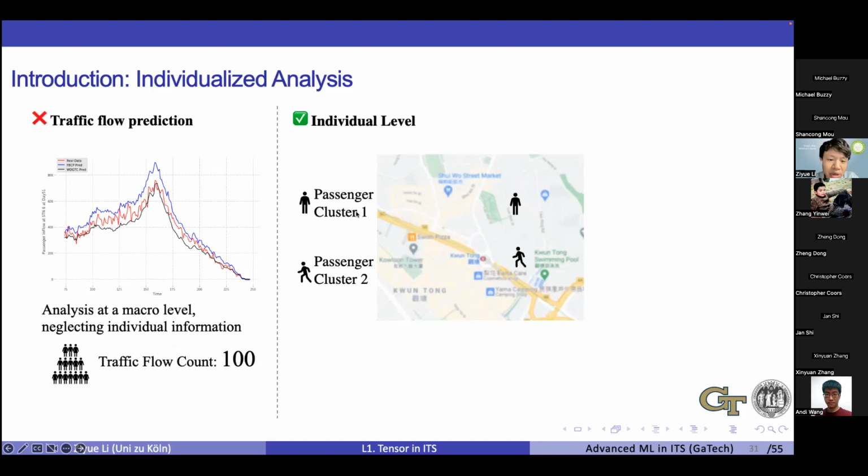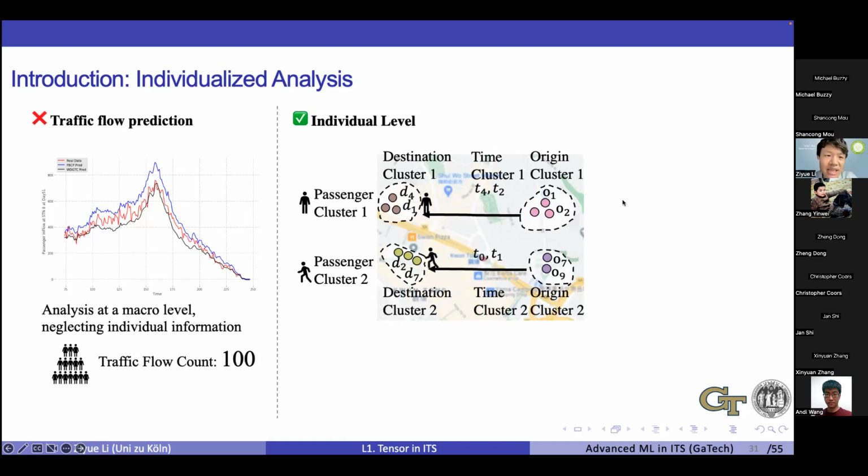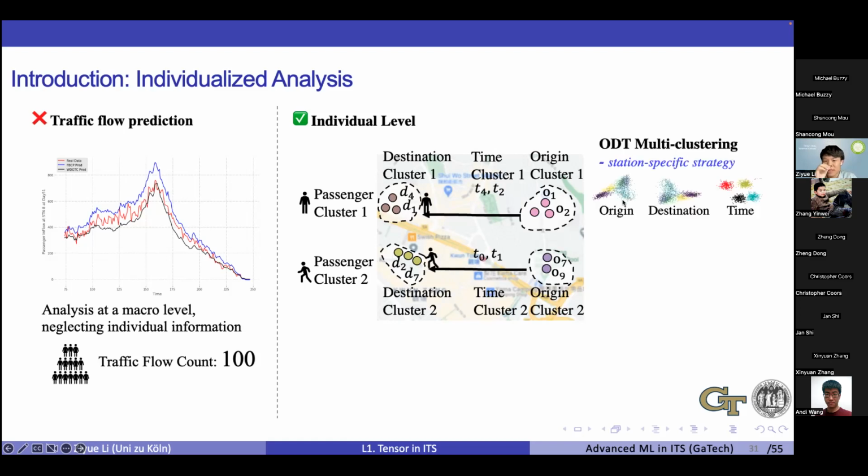Maybe we can observe that some passengers prefer to travel from this type of origin station at this type of time to this type of destination, and other passengers prefer differently. So basically, we can do some multi-clustering, where we cluster origin, destination, and time.